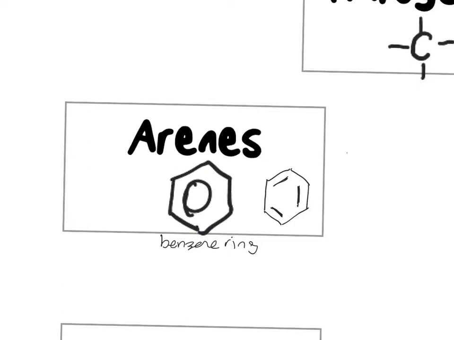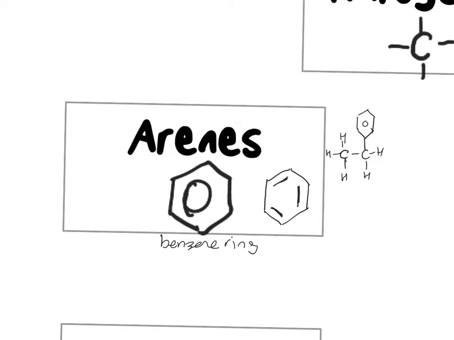So let's look at a typical simple molecule. Let's look at ethane with a benzene ring attached. So there's ethane with a benzene ring substituting one of the hydrogens.